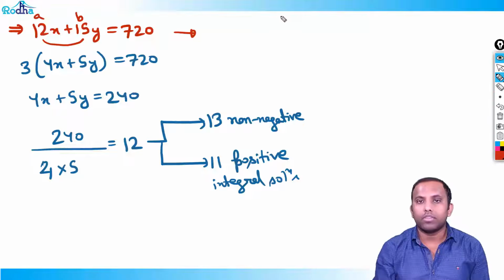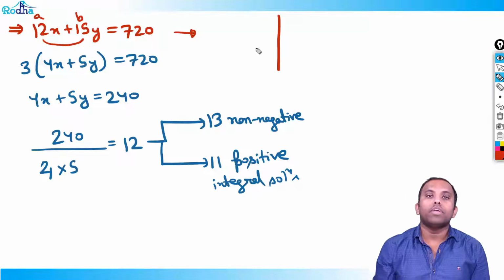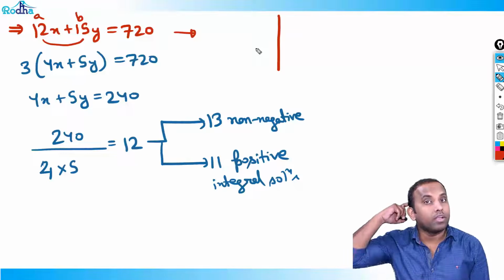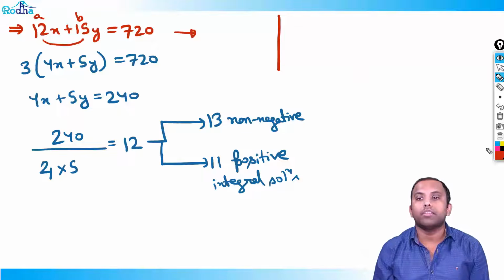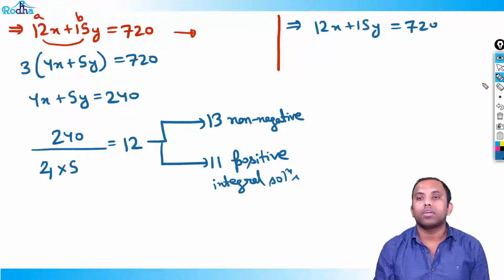Now one small thing can come to your mind: what if I can't make the HCF as one? There can't be any such case, because in that case there will be no solution. Say 12x plus 15y equals 721. You can't make the HCF as 1 here, because you can't take 3 as common.